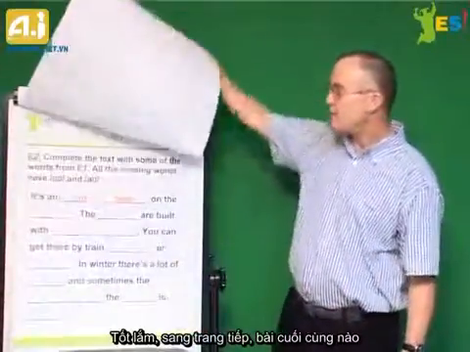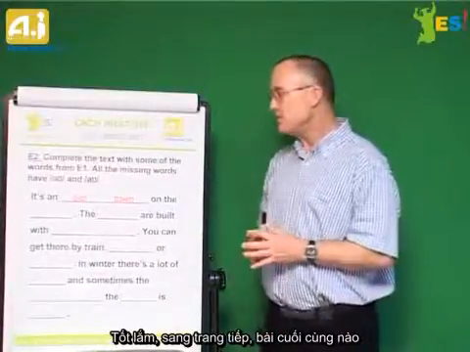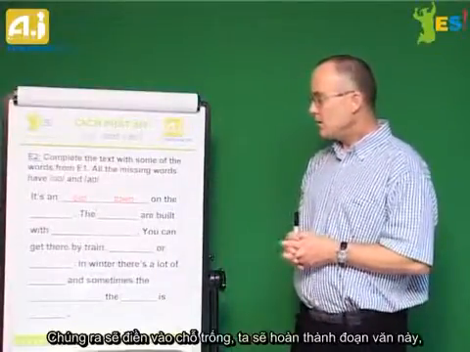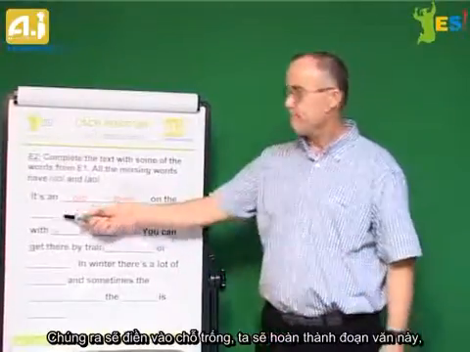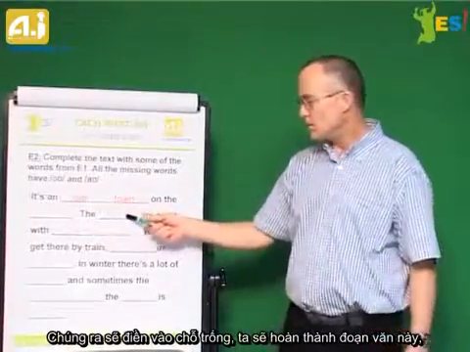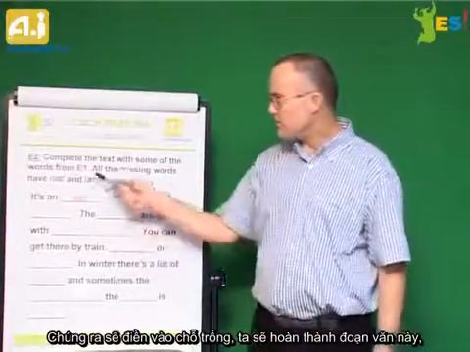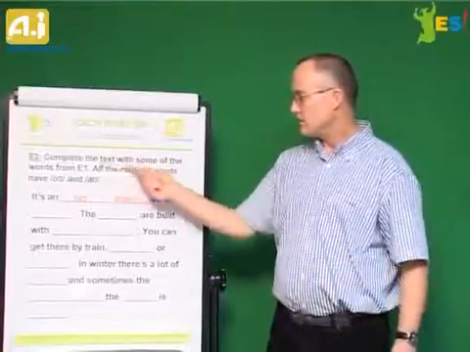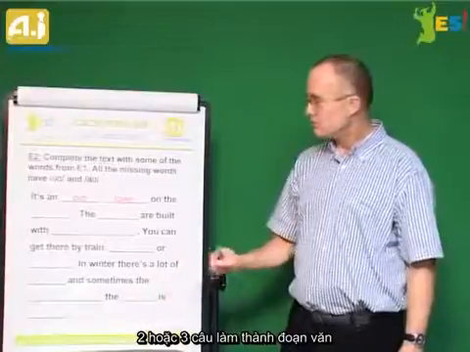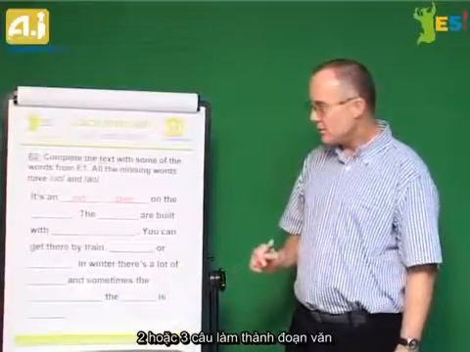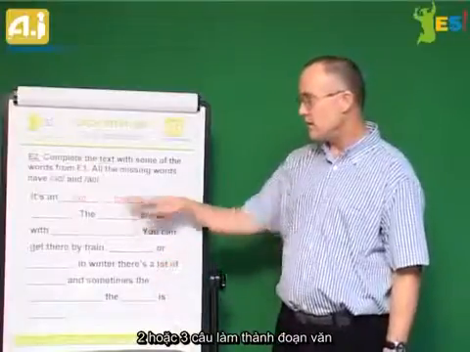Let's look at our next page. This is the final page in this lesson. Again, we are going to complete some blanks or some gaps. We're going to complete this text, which is maybe a paragraph of writing together, 2 or 3 sentences together that make text.